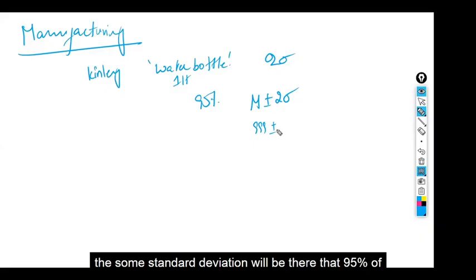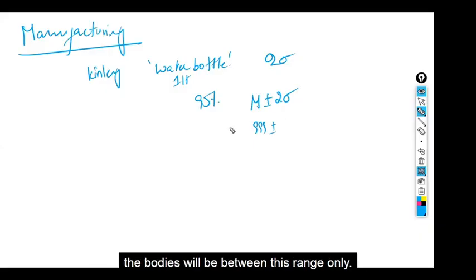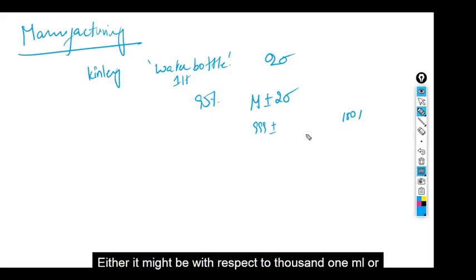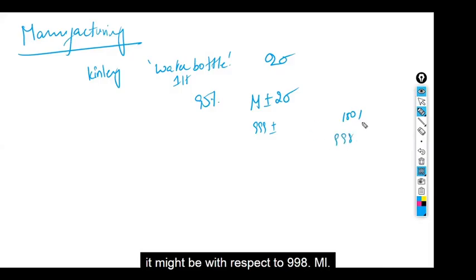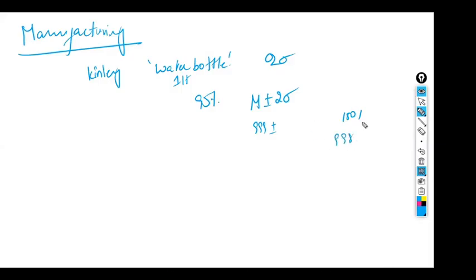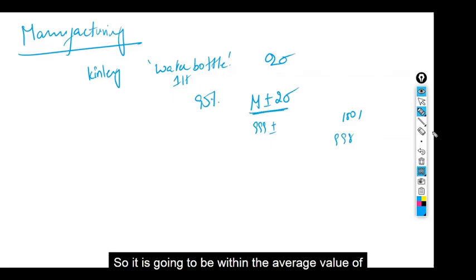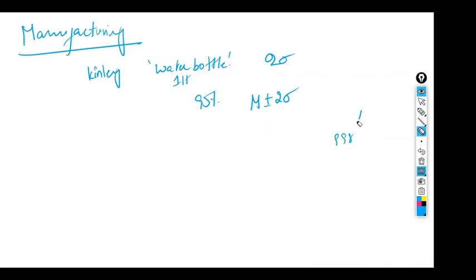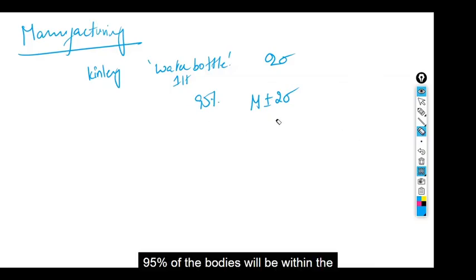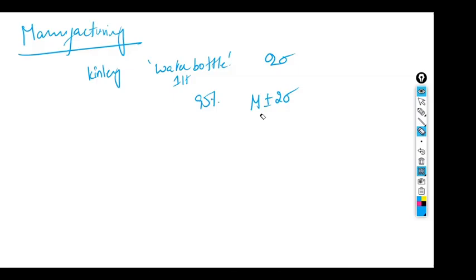That 95% of the bottles will be in this range only. Either 1001 ml or 998 ml. Not a perfect 1000. So it is going to be within the average value plus or minus 2 sigma. 95% of the bottles will be within the mean plus or minus 2 sigma only.